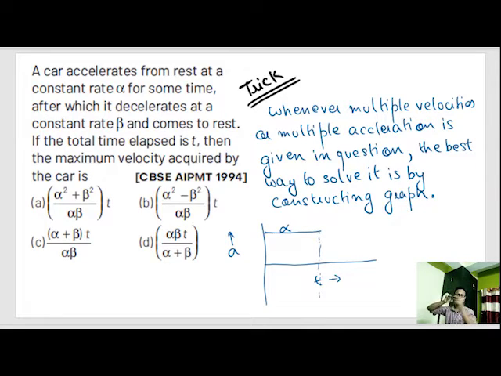That means the velocity will keep on decreasing after a certain time. So negative acceleration, deceleration, or retardation is given on the negative axis.